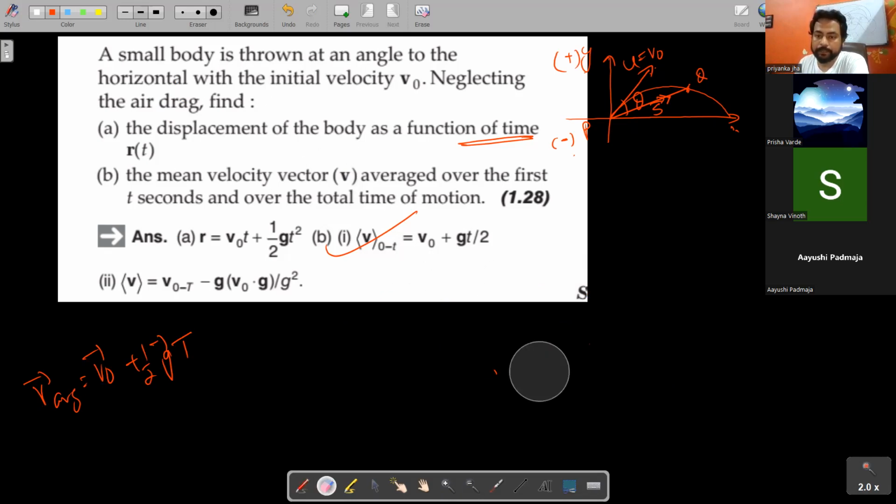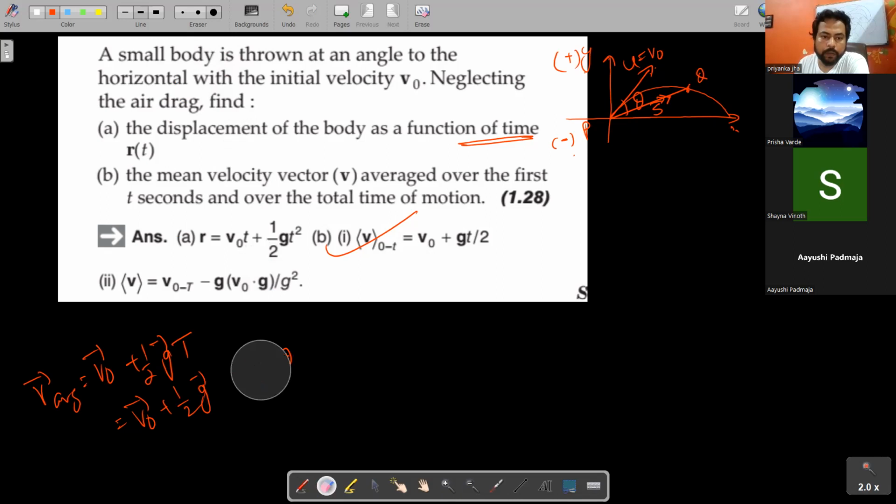What is the value of time of flight? We'll put 2u sine theta upon g, so u is V naught: 2 V naught sine theta upon g. We have V naught, we have g, but we do not have theta, so we have to replace theta.